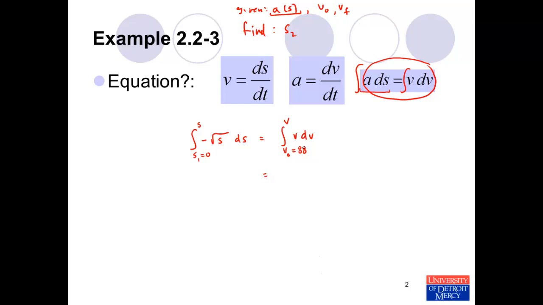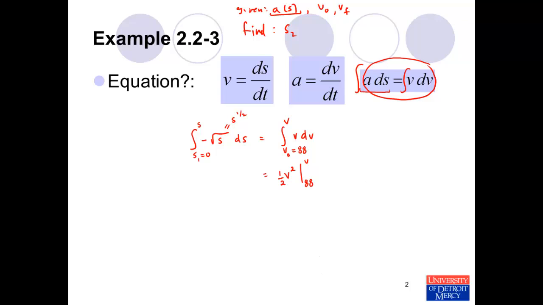On the right-hand side, the antiderivative of v, we add 1 to the exponent to get 2, and then we divide through by 2. And then you evaluate it between the limits of 88 and v. On the left-hand side, we can think of the square root as s to the 1/2 power.